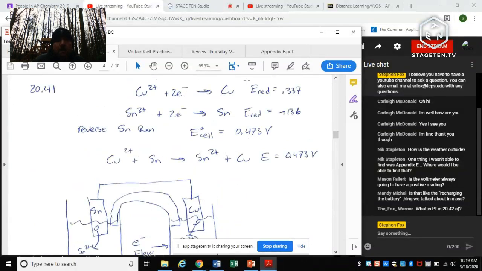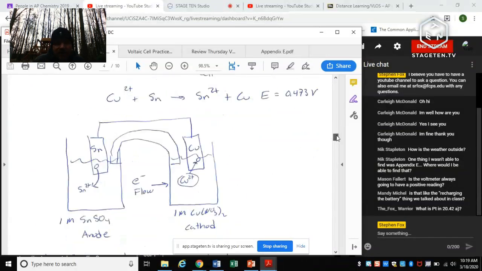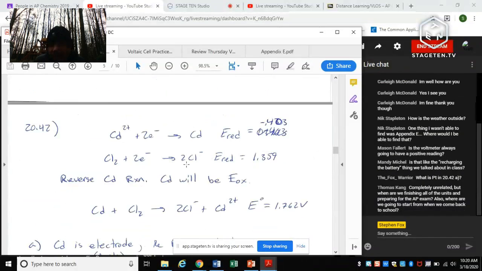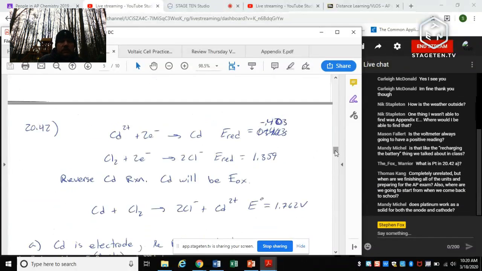But if you go to this one, if I was making a battery out of this reaction, notice I don't have a solid in my reduction reaction. I have chlorine, 2 electrons, and 2 chloride ions. Chlorine's a gas, and chloride is going to be aqueous in solution. So we have to pick a solid electrode that's a good conductor of electricity but is not going to react.